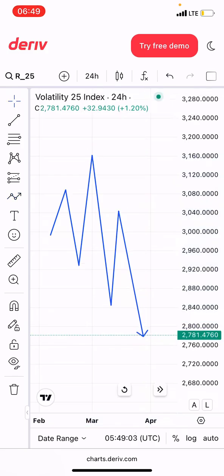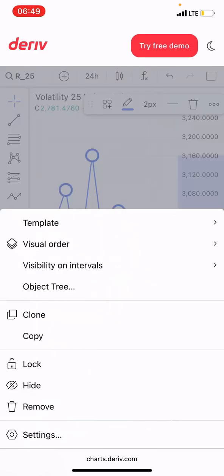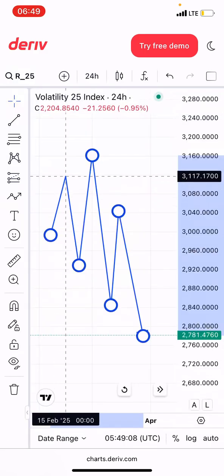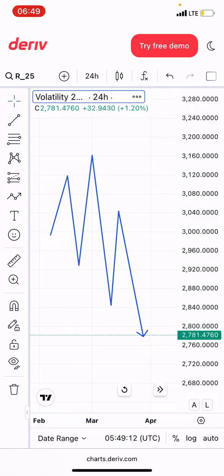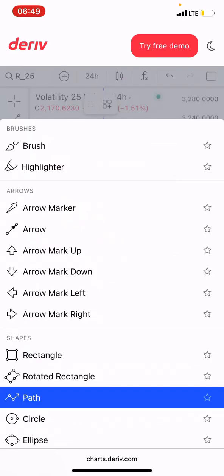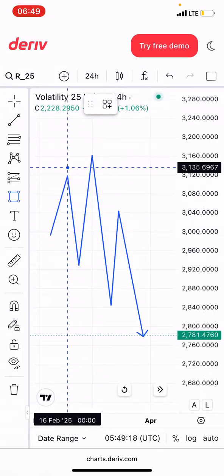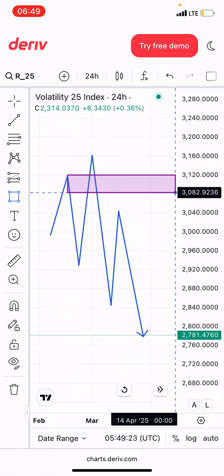So the moment you get something like this on the chart, you are actually good to go, as long as, I'll always keep saying it, it is aligning with your bias, your directional bias. You need to have a direction.